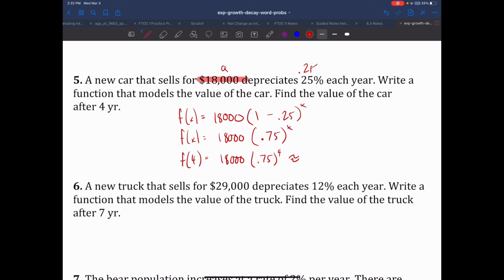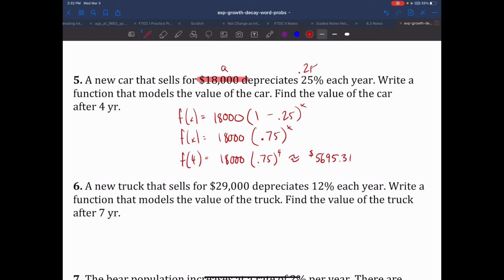And then I multiply by 18,000. That gives me $5,695.31. So the car has depreciated to $5,695.31 after 4 years.